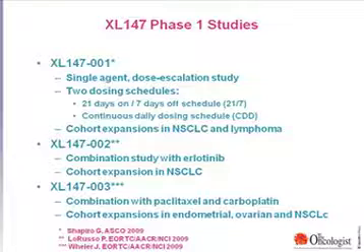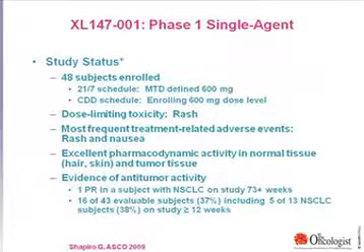There's a study in non-small cell lung cancer being expanded, combining XL147 with erlotinib, and there is also a study, XL147-03, that is combining it with paclitaxel and with carboplatin, with cohort expansions in endometrial, ovarian, and non-small cell lung cancer. 48 patients were enrolled by the time this was presented this year at ASCO by George Shapiro.